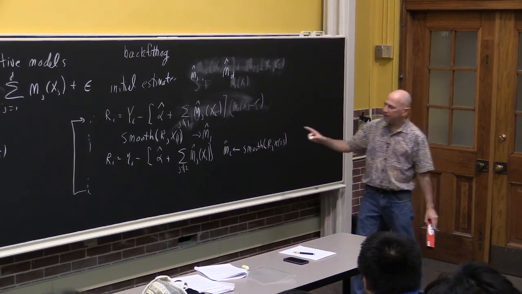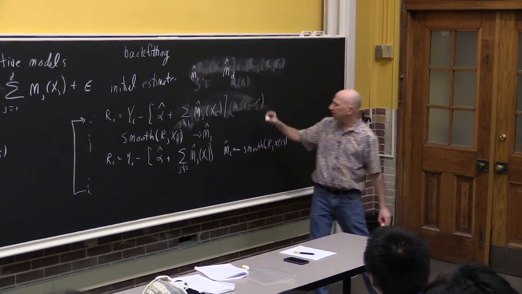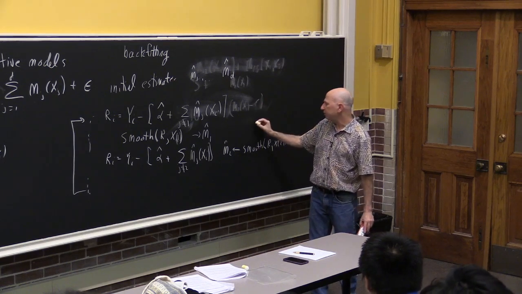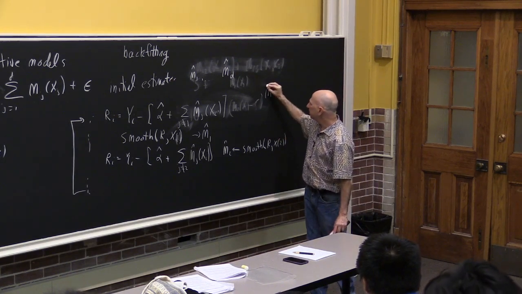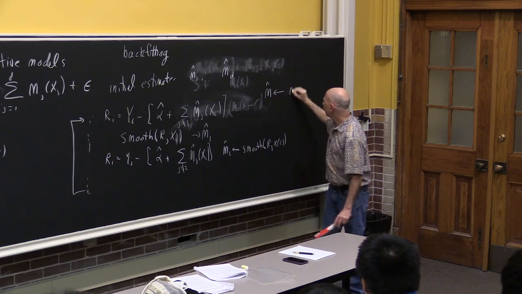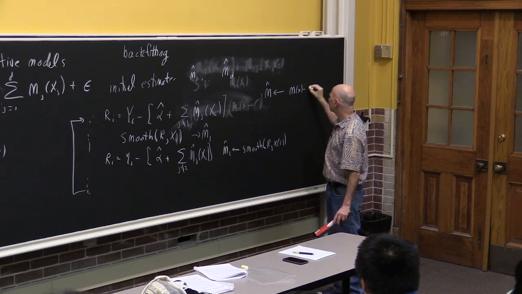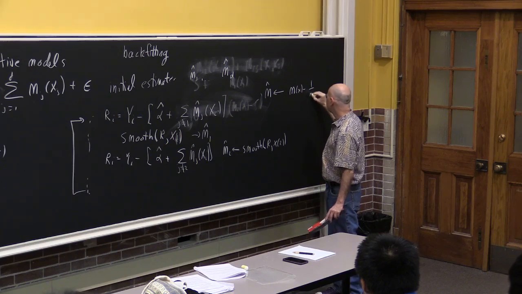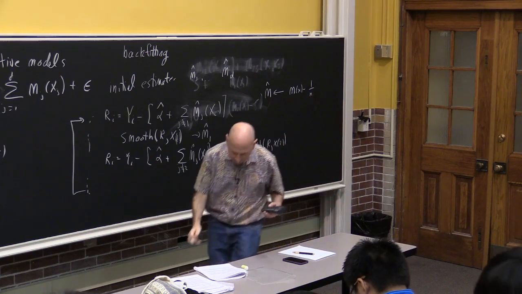One thing I have to say, though, is remember this non-identifiability problem: after you get the m hat, you should always replace m hat with m hat minus the average. Did I put that as a step in there? Yeah.